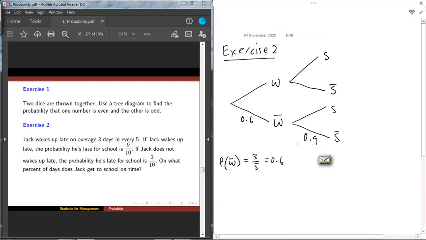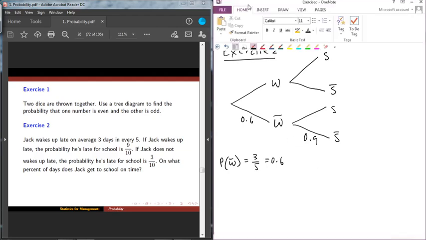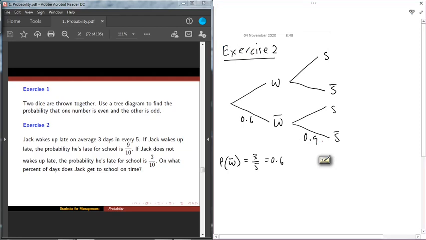I write here. And you must remember that the notation for this is actually P, Jack wakes up late, so he goes to school late. This is the notation. Try to get the notation if needed, otherwise no problem.